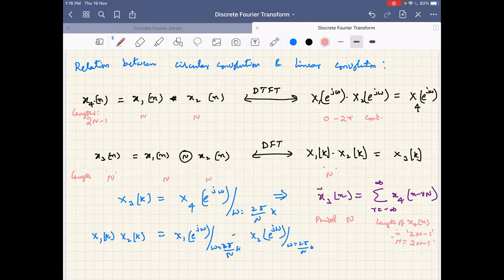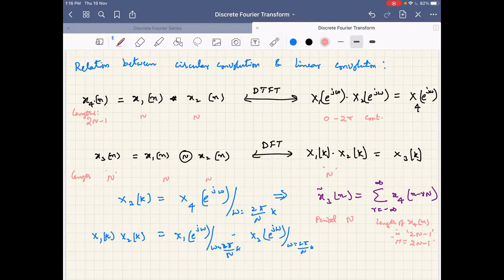N samples of circular convolution can be considered as the time-aliased version of the linear convolution result. So how many samples get time aliased? They get aliased after N samples.